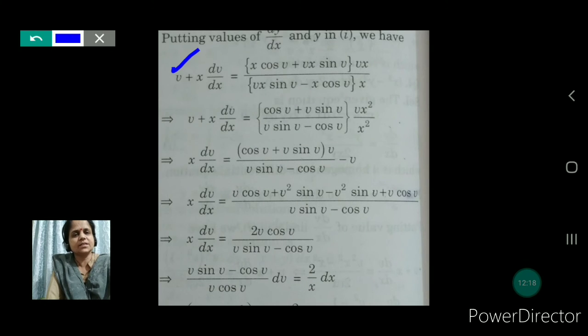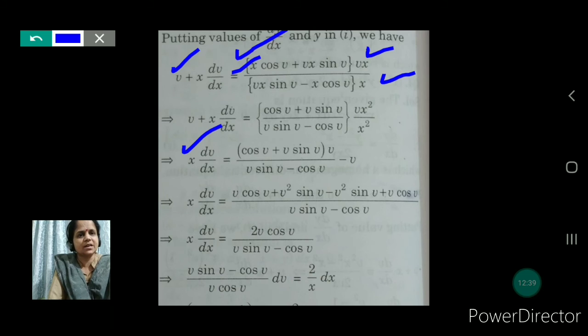So you will get, student, v plus x dv by dx is equal to x cos v plus vx sin v into vx. In the denominator it is vx sin v minus x cos v into x. Now simplify. You will get here x dv by dx is equal to cos v plus v sin v into v, and in the denominator it is v sin v minus cos v, then minus v. Now take LCM.